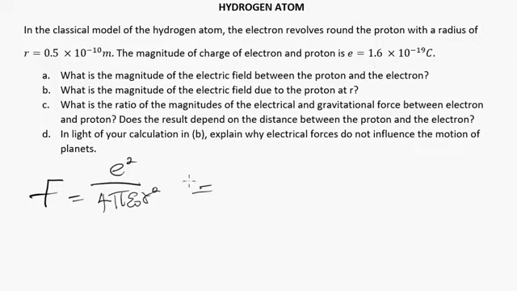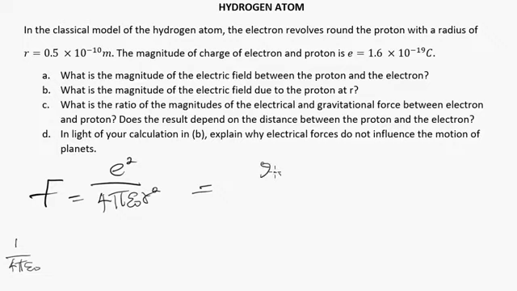We'll input all the necessary values. Let's also recall that 1 over 4 pi epsilon naught is a constant, which is 9.0 times 10 to the power of 9. So first of all, we'll write the constant here, 9.0 times 10 to the power of 9.